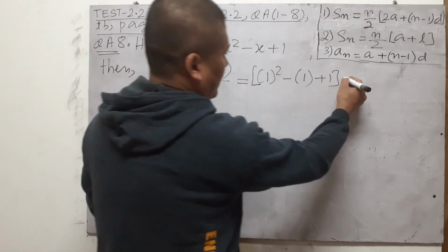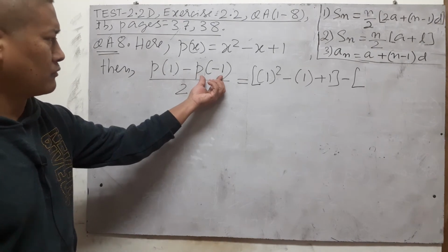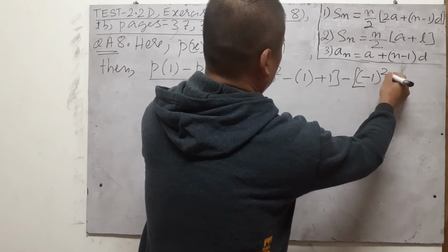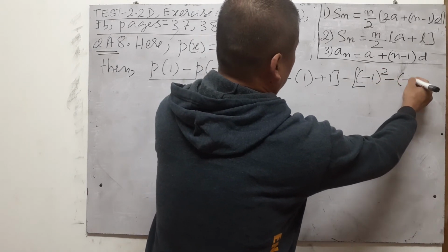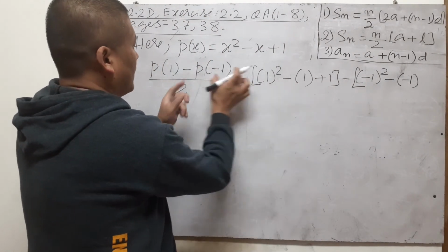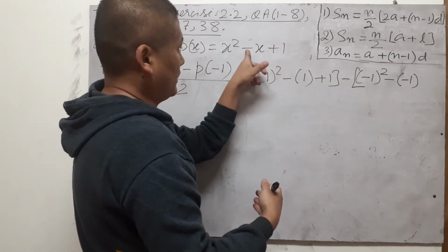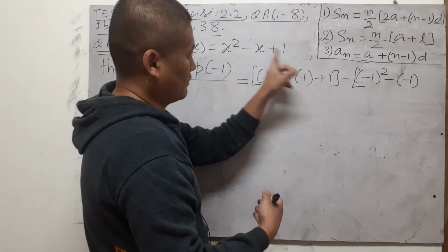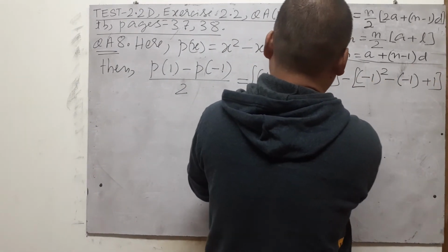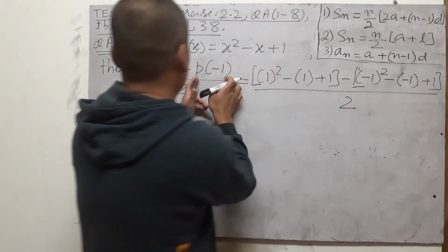Then minus, you put the minus and create a second square bracket, and then p of minus 1 will be, x is this time minus 1, so minus 1 whole thing in brackets, square, minus again bracket, x is minus 1, plus 1, divided by 2. So this is p of 1 minus p of minus 1.